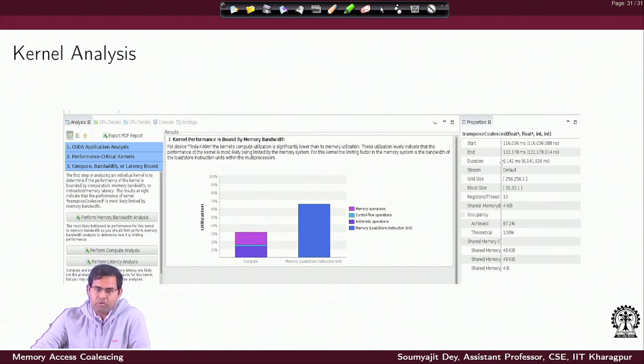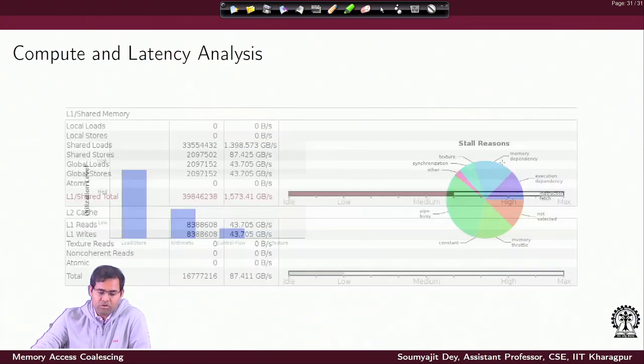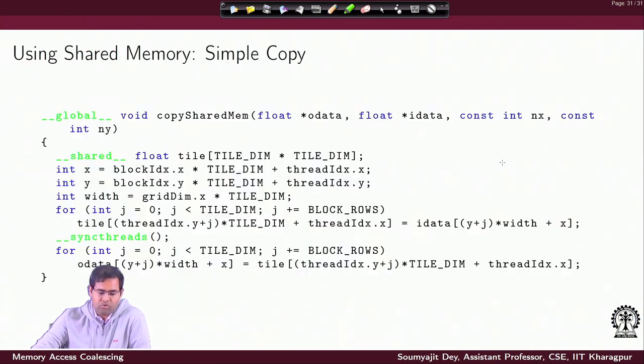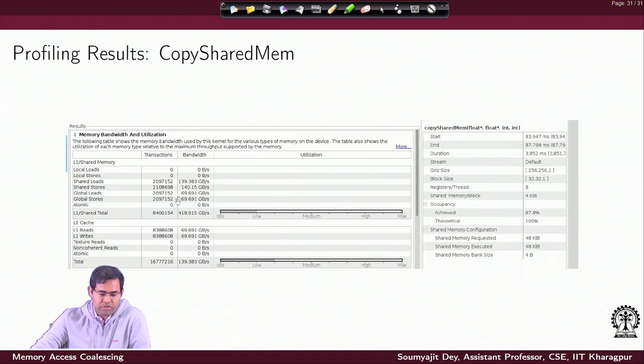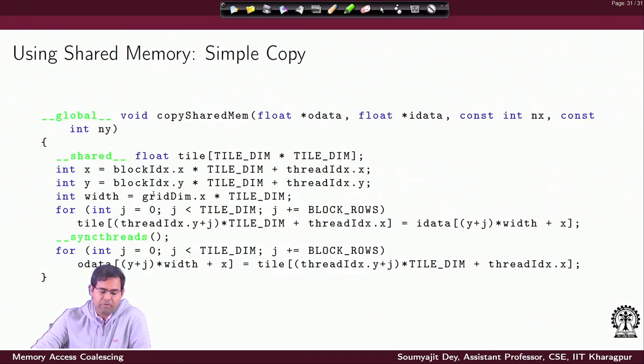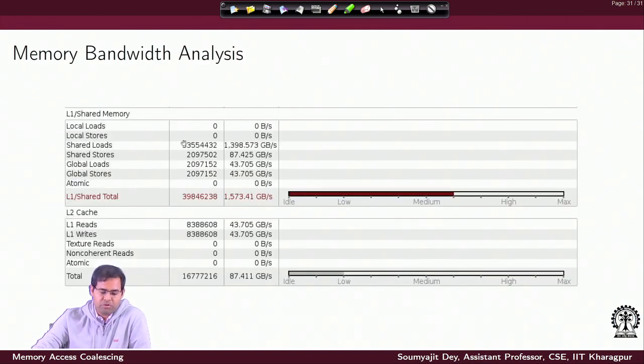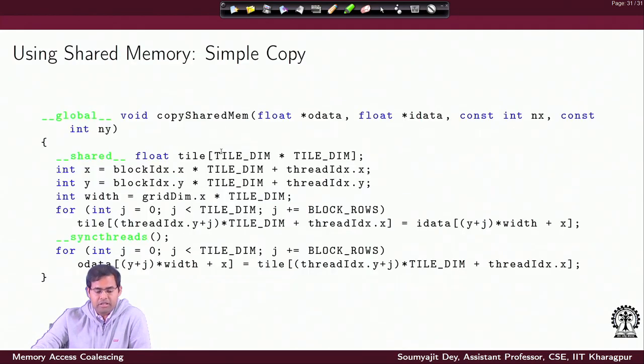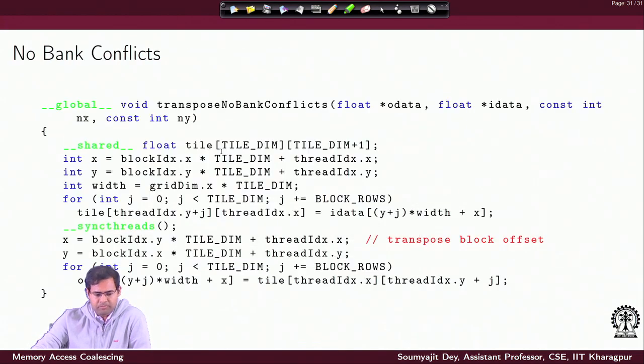Why? Because in both cases my global memory loads and stores are all coalesced. Here also, the global memory loads and stores are all coalesced along with shared memory loads and stores. My problem with the transpose code using shared memory was that the shared memory had bank conflicts while doing the loads for writing into the output array. So, how do I resolve this bank conflict is the primary problem we want to solve here.